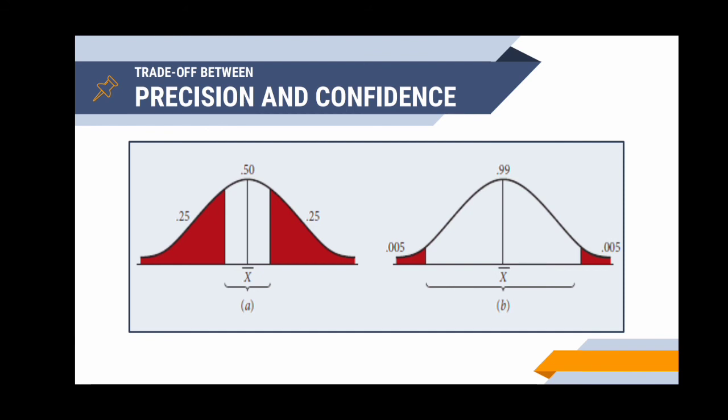Let's look on the illustration. This is an example of trade-off between precision and confidence. And kung mapapansin nyo, kanina pa natin na-touch. Iba lang talaga yung graphical representation natin. Pero dito kasi, mas makikita natin yung essence since ang bell curve or normal curve, yun ang siyang pinaka-graph ng Z or T table.